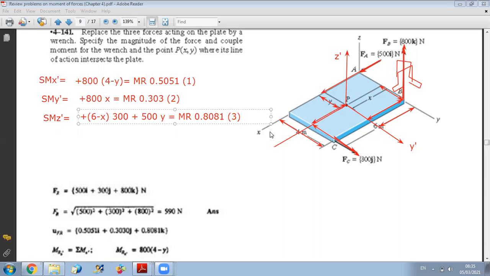Yes, I understand what you are saying. In principle, it's not wrong to do this. You can do it. You can reduce first at A, but it is a little bit complex. Because when you have a force and moment that are not perpendicular, you should project your moment into one component parallel to F and one component perpendicular to F. In 3D, this makes things complex.